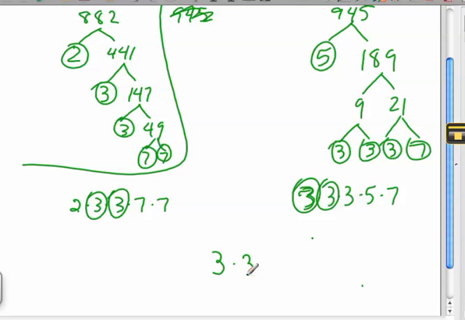Do they both have a 7? Yes. They both have a 7. Is there anything else that they both have in common? No. That's it. So the greatest common factor, that means the biggest number that goes into both of them, is 63. Okay? That's it. Done.